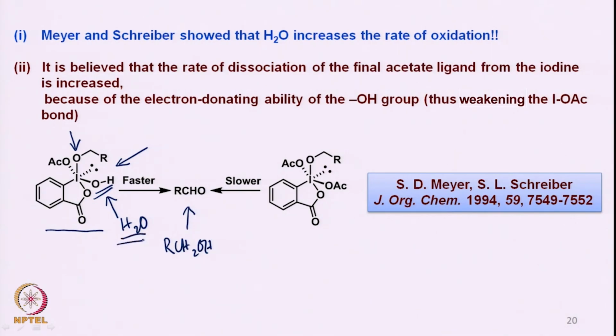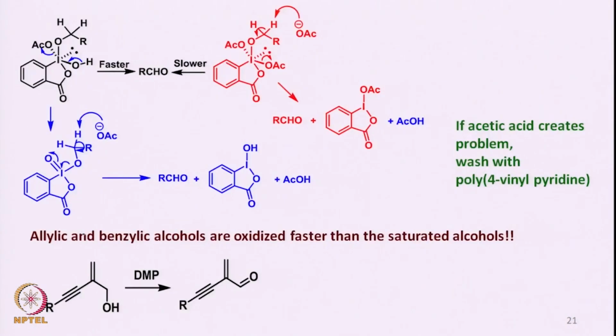And one of the ways that they have explained is that this particular intermediate which is formed here can easily allow the elimination of the acetoxy group which is present there, and once that elimination takes place, you have a species of this kind, where now this particular iodine oxygen bond can easily be broken up, accompanied by the oxidation with the help of the acetate here.